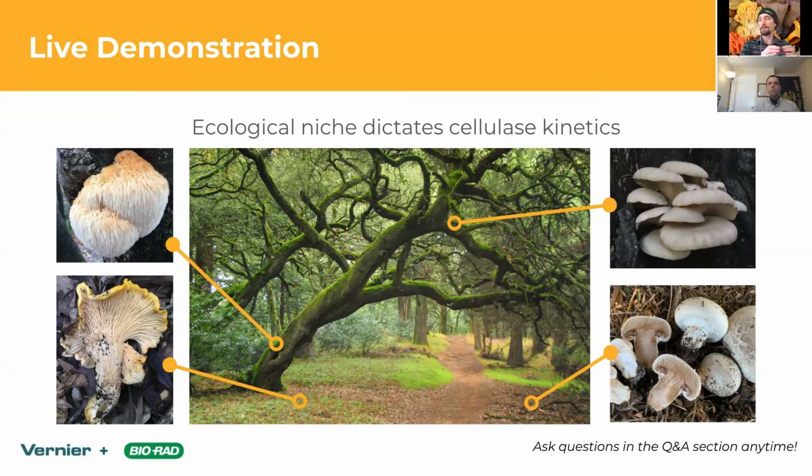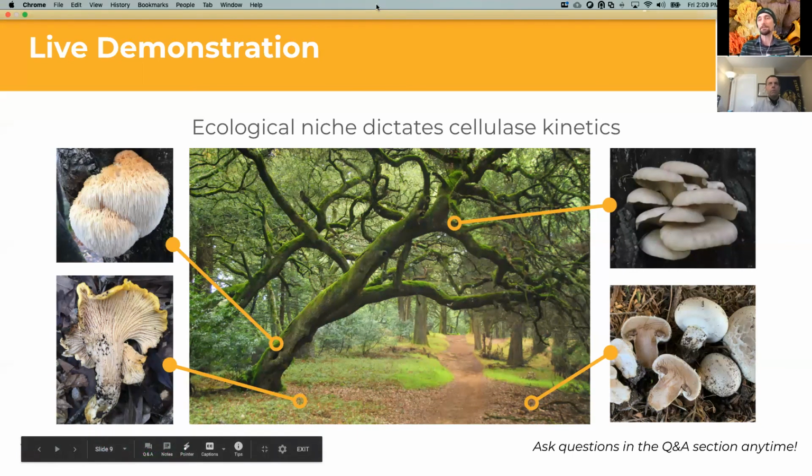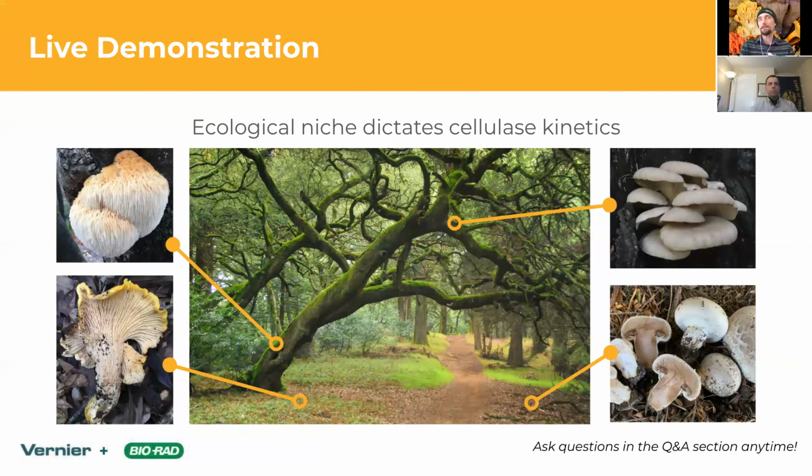And the reason these guys ended up here is through evolutionary histories that allow them to exploit getting resources in those specific locations. And so in an oak dominated forest like this, I could find at least 4 different large macrofungi producing mushrooms, basically holding down very different ways of getting their food.